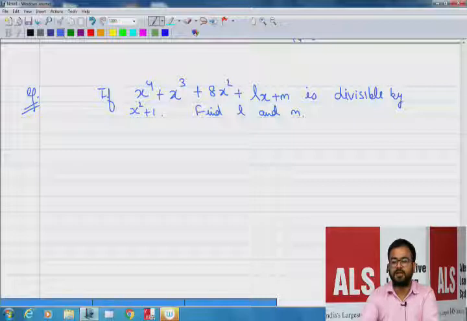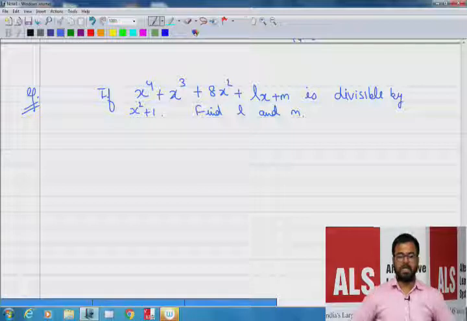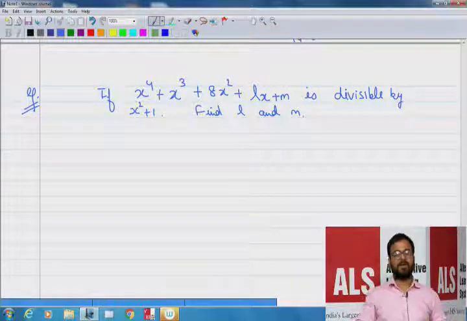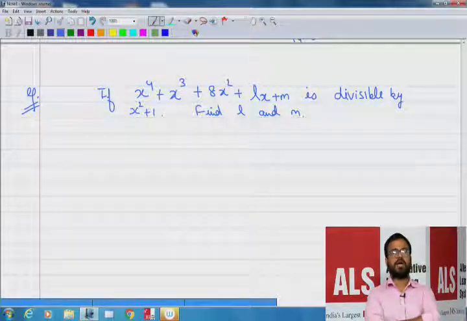Polynomials, Itanagar, it is the polynomial chapter. Just do the long division in this one, and whatever remainder you are getting, equate that remainder equal to 0. That will give you the values for l and m.